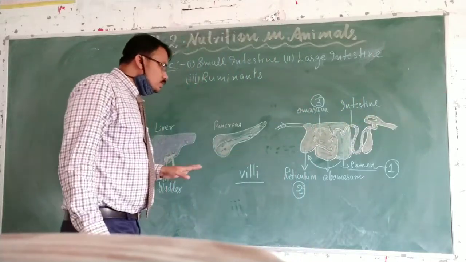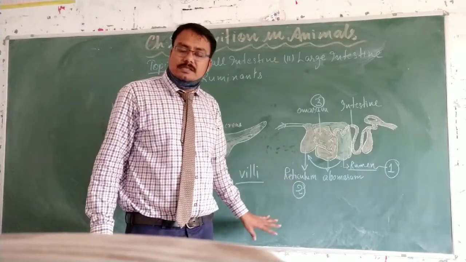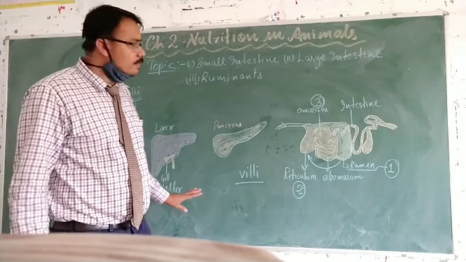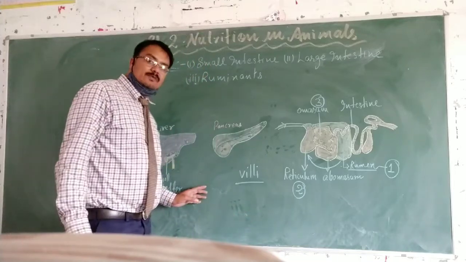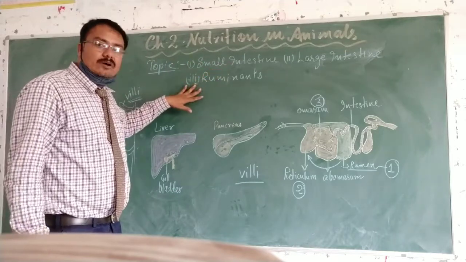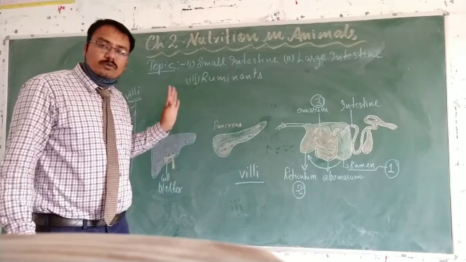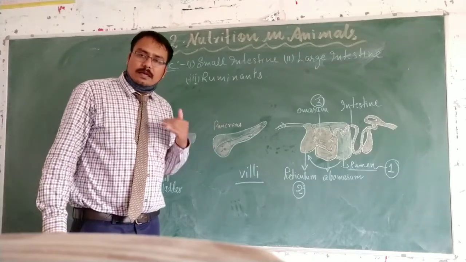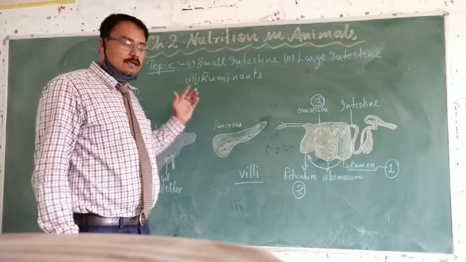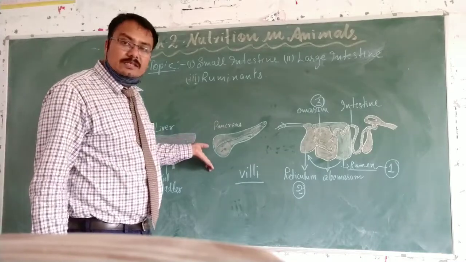So students, today I have finally completed the theory part of this chapter. In this chapter I have explained about the small intestine, large intestine and the ruminant. In the small intestine, I told you the food is digested in human beings with the help of a few digestive enzymes, from the liver and the pancreas.